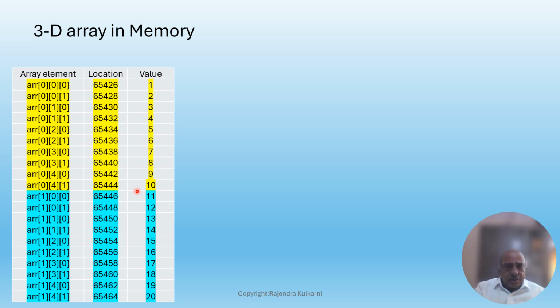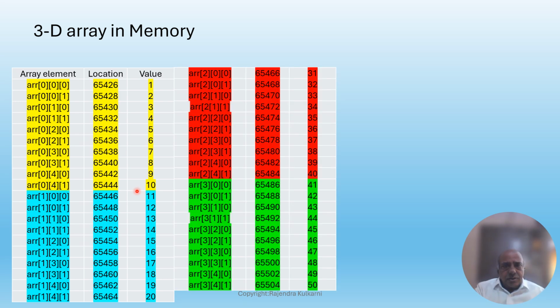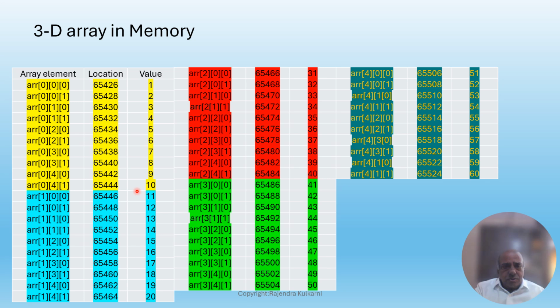Then ARR[1][0][0] we are seeing, ARR[2][0][0], ARR[3][0][0], and ARR[4][0][0]. So we can see that all the elements of the 3D array have been allotted consecutive memory locations by the compiler.